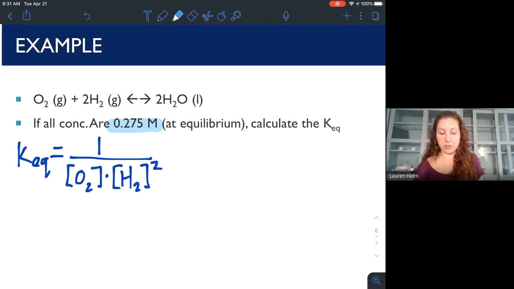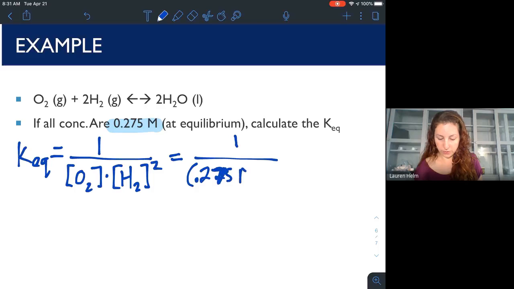So once we've written our expression, now we can plug in 1 over the concentration of oxygen, which is 0.275 molar, times the concentration of hydrogen, which is 0.275 molar as well, squared.